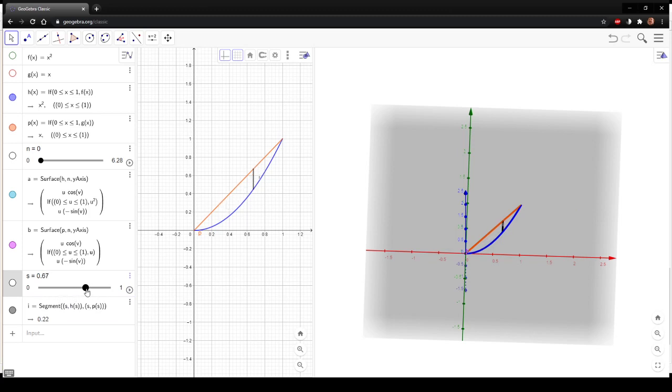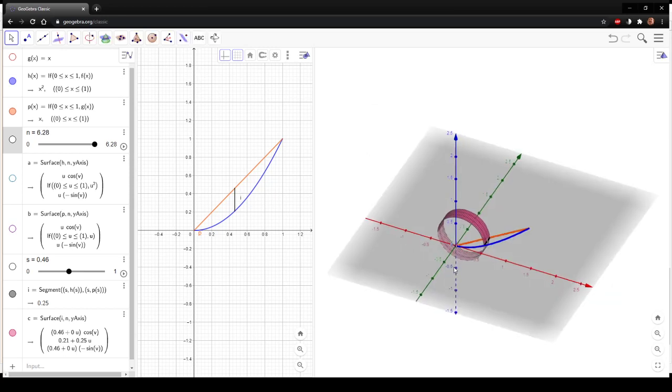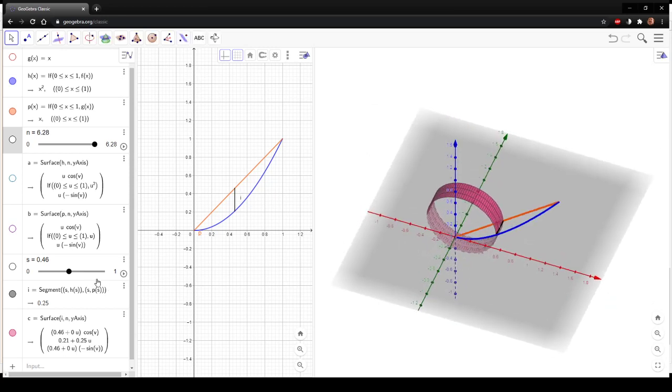So there's our vertical slices. And then if we rotate those around, we should get the shells that we expect. Turn these off. And indeed, we get cylindrical shells. So we're adding up the volumes of all of these little shells. That gives us the volume of the whole thing.